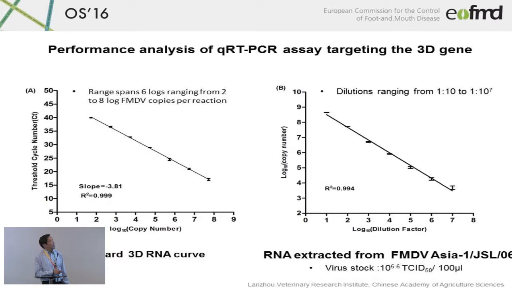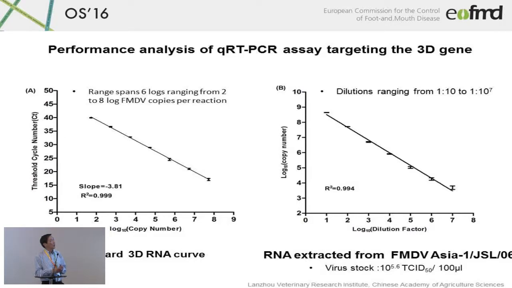performance. After that, we moved on to further validate the performance of this real-time PCR assay. We used the local virus, extracted the RNA from the virus, made 10-fold dilutions from 10 to the 1 to 10 to the 7, and then performed the real-time PCR.